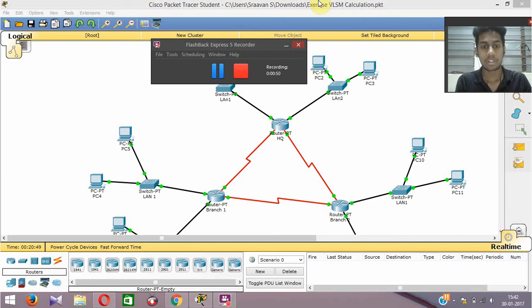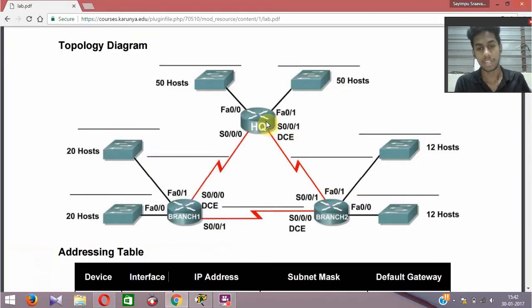So we have an example solved here. The question goes like this: we have three routers, each router having two LANs which host a different number of hosts. HQ, which has two LANs, has 50 hosts each, branch 1, which has two LANs, has 20 hosts each, and branch 2, which has two LANs, has 12 hosts each.